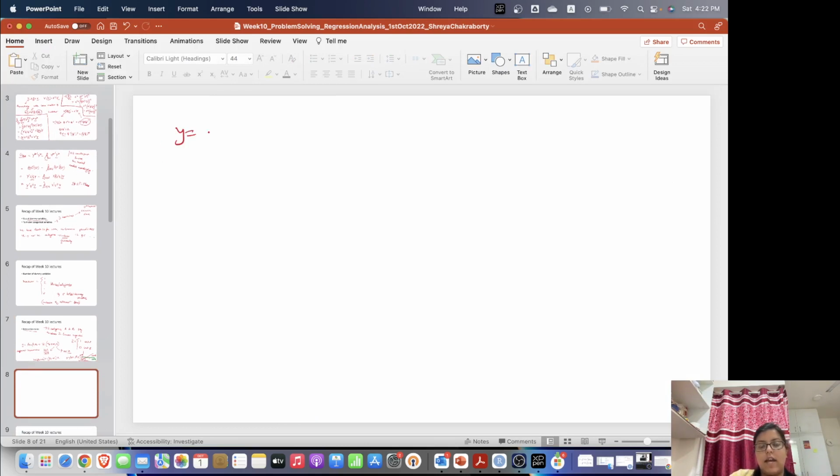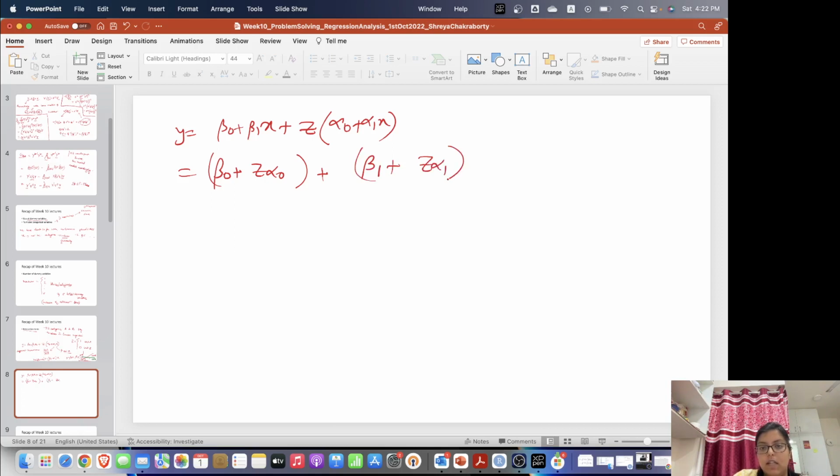So if we write it like this, alpha naught plus beta naught, the entire model we'll write as beta naught plus beta 1 x plus z into alpha naught plus alpha 1 x, and we can write it as beta naught plus z alpha naught plus beta 1 plus z alpha 1 into x.